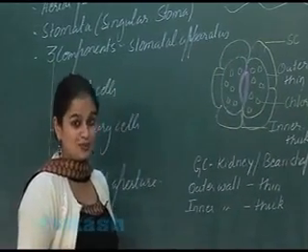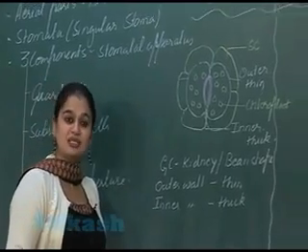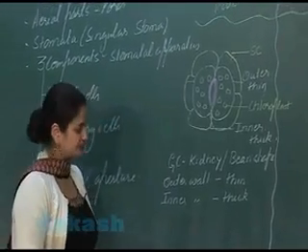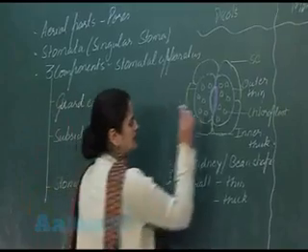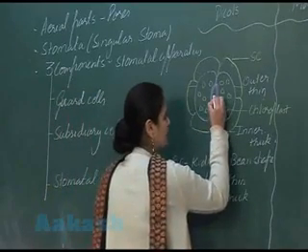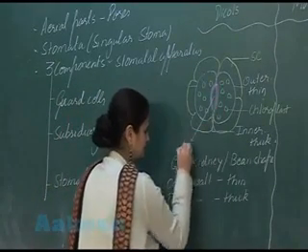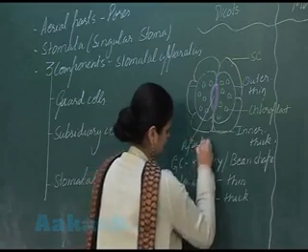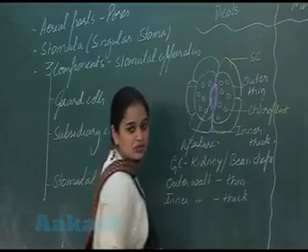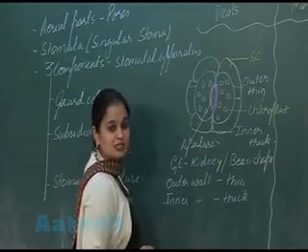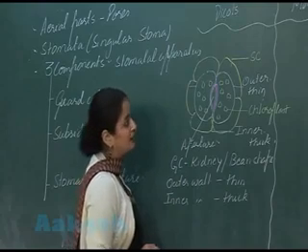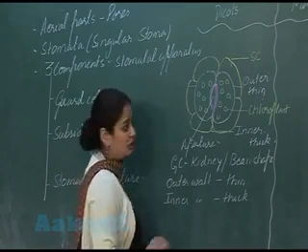Through the plasmodesmata, the two cytoplasms of the cells are linked. Now, in the center, there is presence of stomatal aperture.